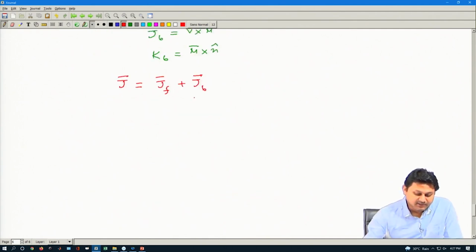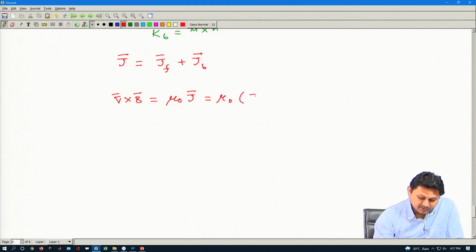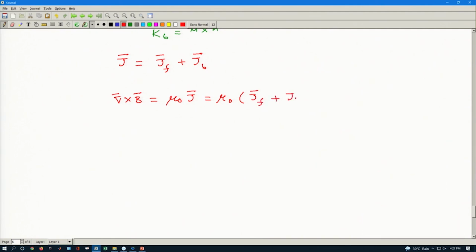But here in the material we should now include this JB. But according to Ampere's law, curl of B is equal to mu 0 J. Now I should write J as J free plus JB, because now it is the combination of two.